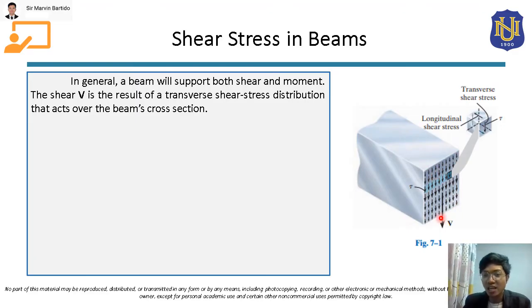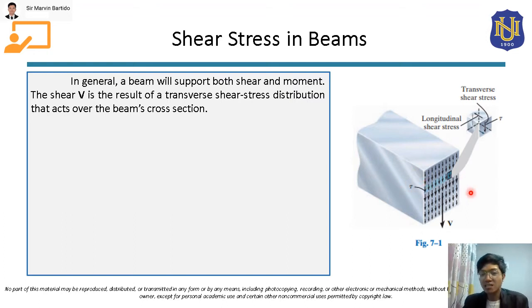And in this shearing area, class, if you represent the distribution of the shear stress here, this is the stress distribution, due to this stress tau.